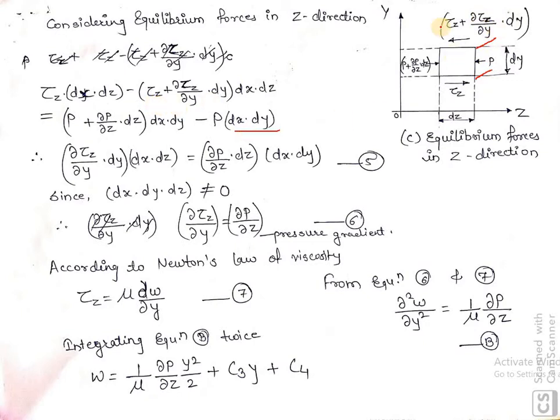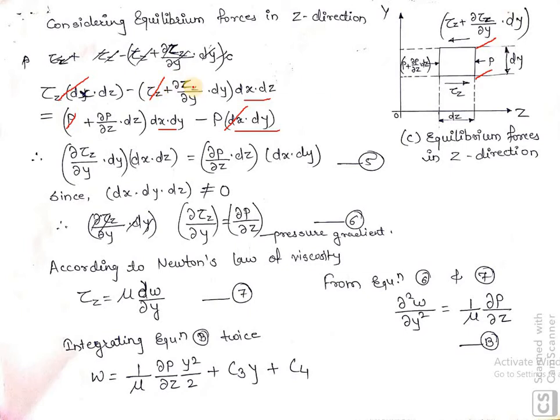Now this term into area, so this is the area, this term is acting on the upward portion, so this is dz into dx. Now this is acting on this area, minus along the negative side, p, so p into dx into dy. Now again this will get cancelled out. Again the same, this will get cancelled out.